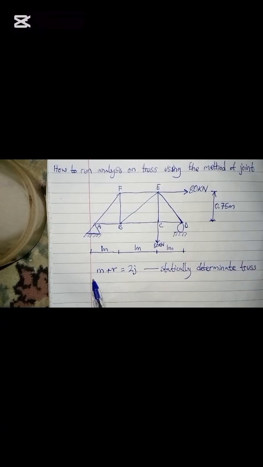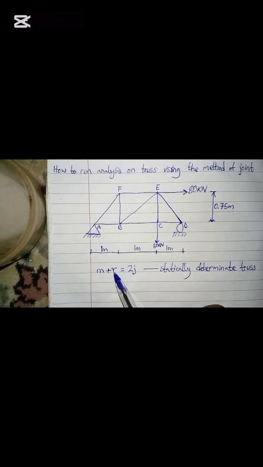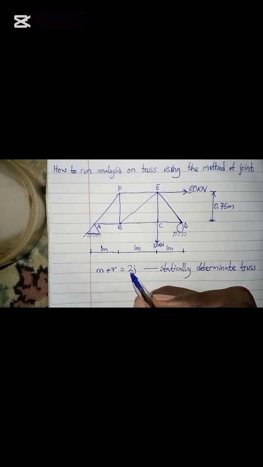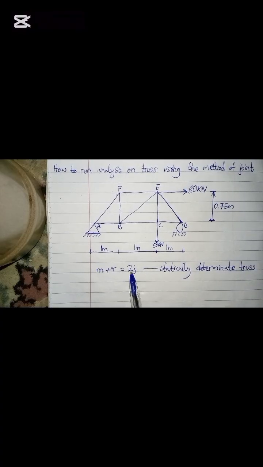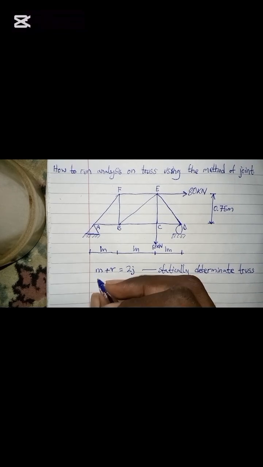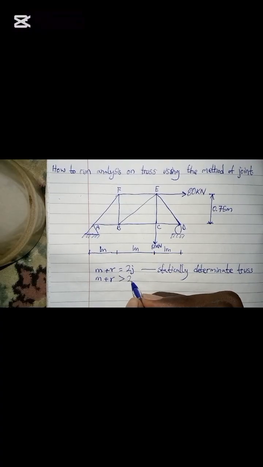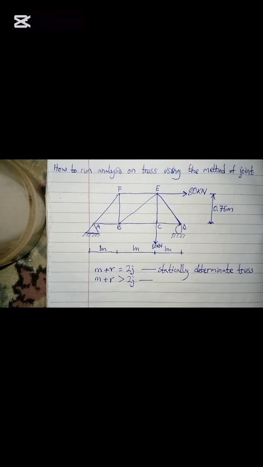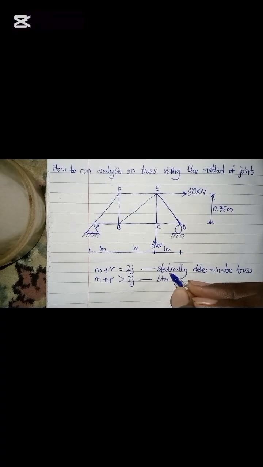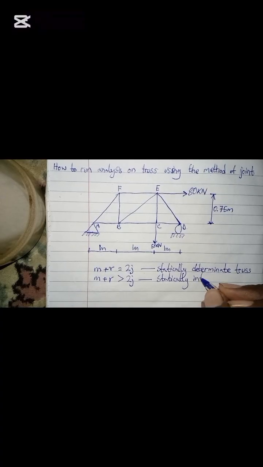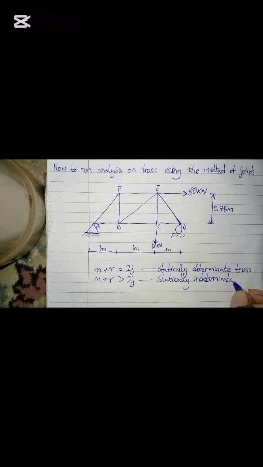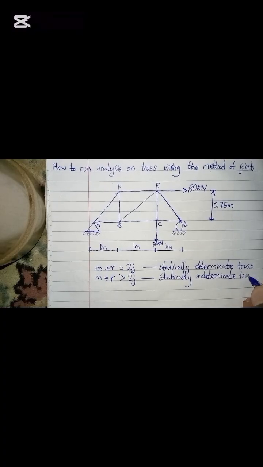M stands for the number of members, R is the number of reactions, and J is the number of joints. So M plus R greater than 2J is a statically indeterminate truss.